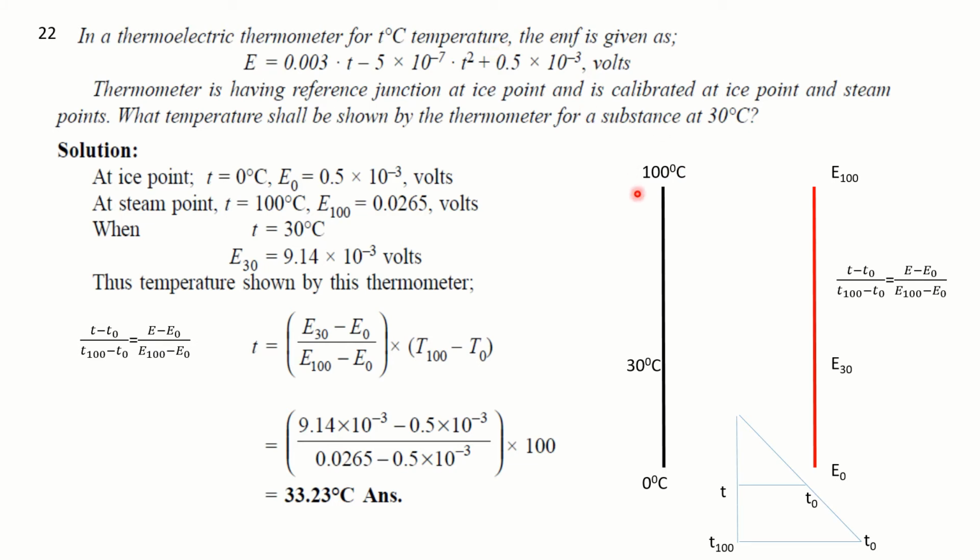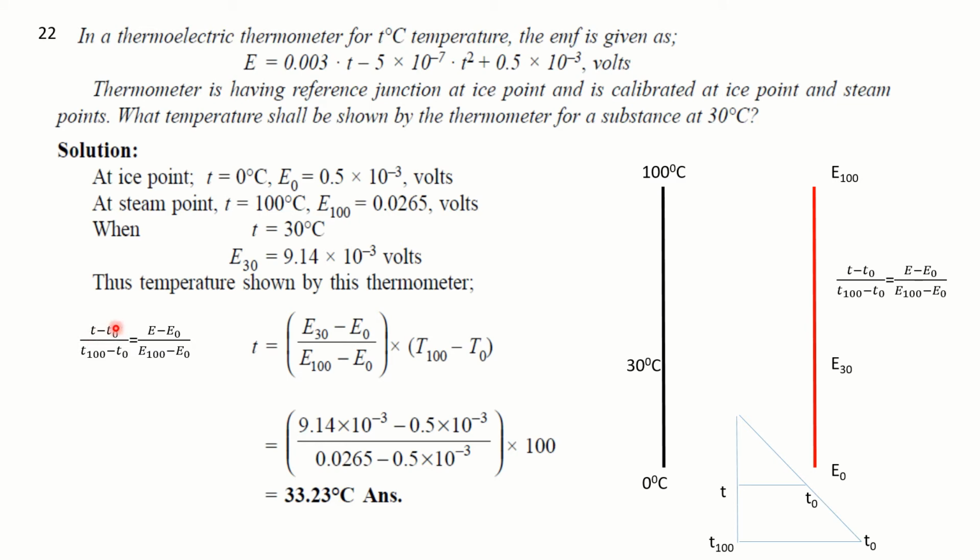Now, let us assume the relationship here, between the temperature and the EMF, somewhat in this linear fashion. So, if I take similar triangle principles, I can write (T minus T naught) over (T100 minus T naught) is equal to (E minus E naught) over (E100 minus E naught). Taking that as the relationship, now we can determine.